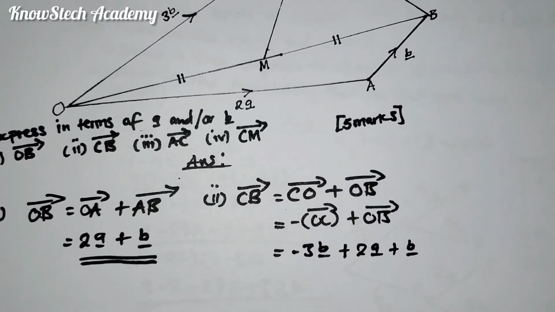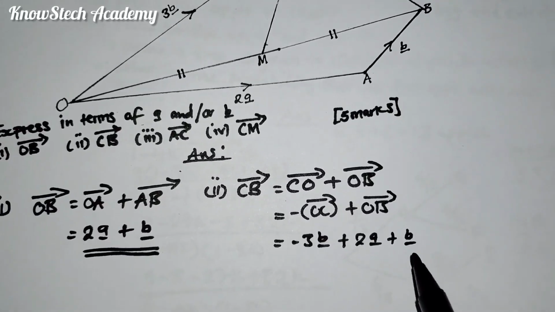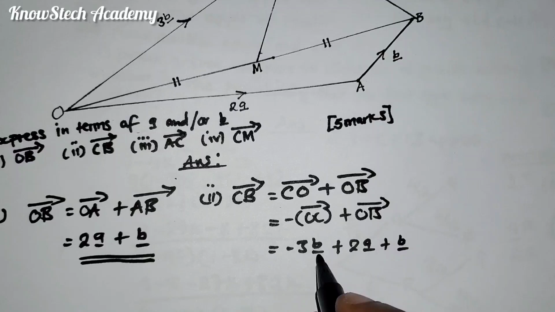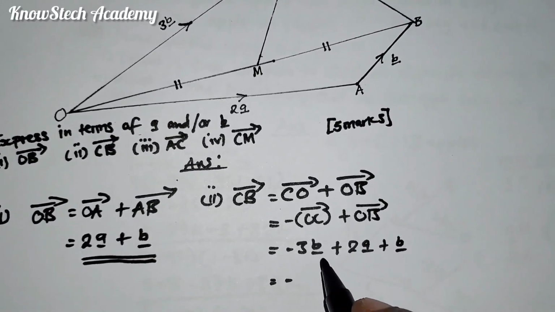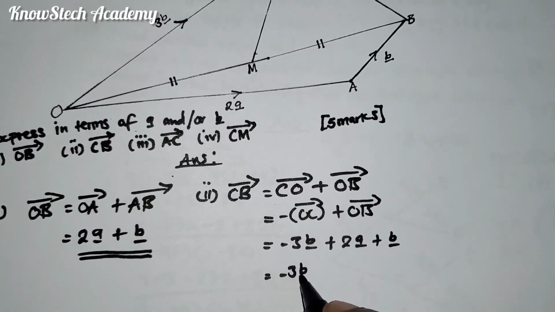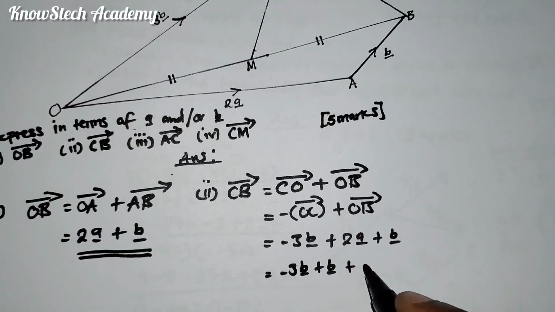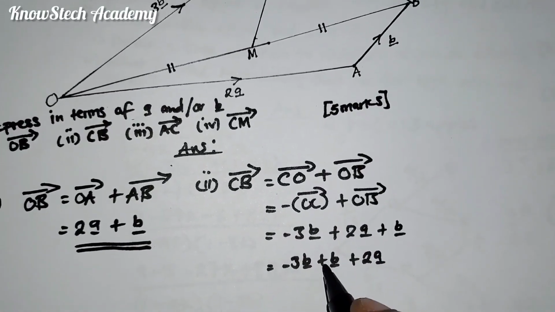OB is the answer we found here, which is 2 vector A plus vector B. Now when you look at this, we have like terms. We have vector B and vector B here, so negative 3 vector B plus vector B plus 2 vector A. We have an invisible one here.